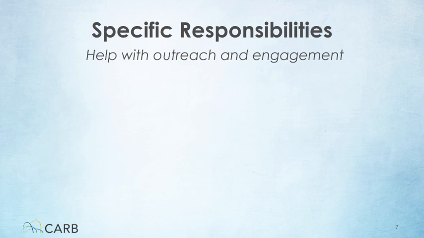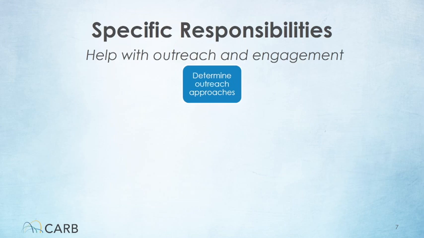The third specific responsibility is to help with outreach and engagement. The Community Steering Committee has a critical role in informing how outreach should be conducted for the process as a whole. This includes discussion of the types of media that should be used to promote meetings, languages for translating meeting materials, and local organizations that may be interested in participating.